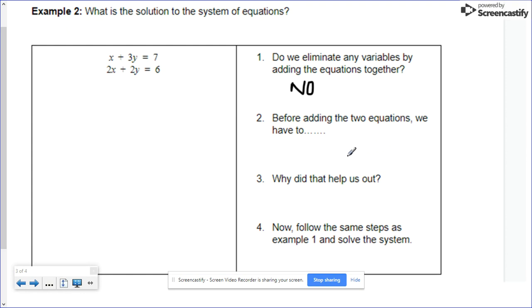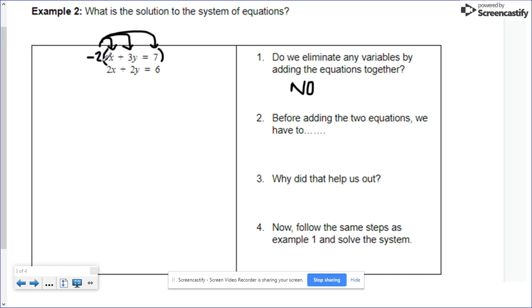So I'm looking for the easiest thing I could possibly do to get something to eliminate, and to do that, I'm going to take this whole entire top equation times negative 2, because my goal is to eliminate the x's. If I have a positive 2x on the bottom, I have to have a negative 2x on the top, which means I have to multiply every single term by negative 2.